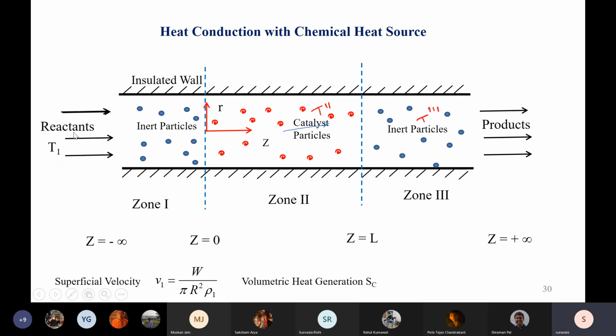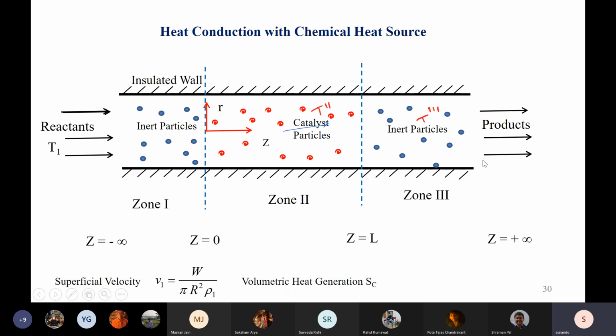So the reactants come at some temperature T1, and when they reach Z equals 0, the reaction starts. And as the reaction starts, if we assume it to be an exothermic reaction, the temperature will keep on increasing. And then it comes to this section where the reaction again stops, and the reactant mixtures go through these inert particles of the same dimension and come out of this as product.